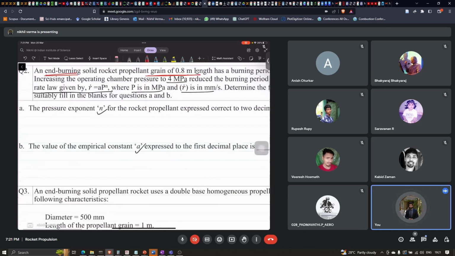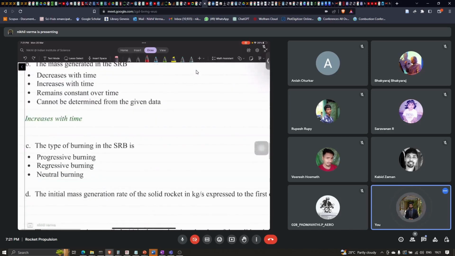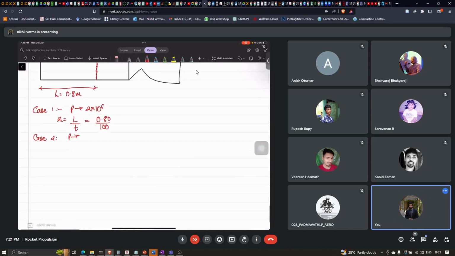R is in millimeters per second, right? Correct. So it will be 80 by 100, right?